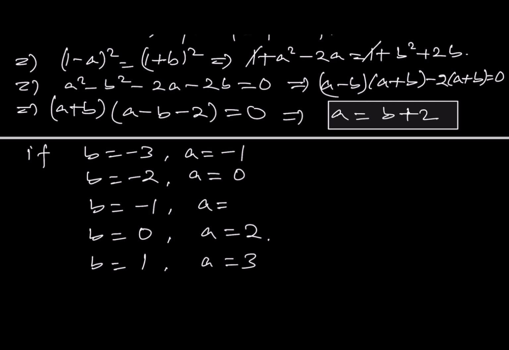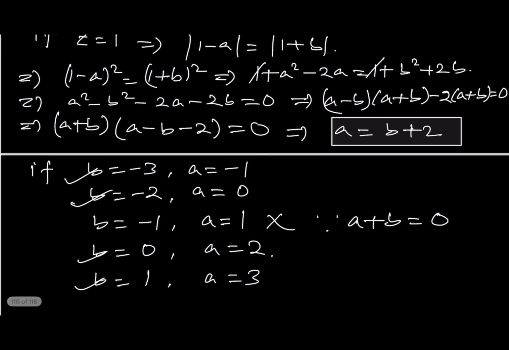Here the middle one is not possible because a plus b is 0 in this case, right? So 1, 2, 3 and 4 ordered pairs are possible if z is equal to 1.